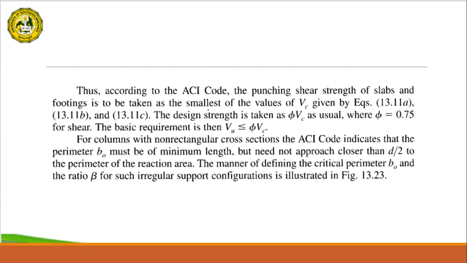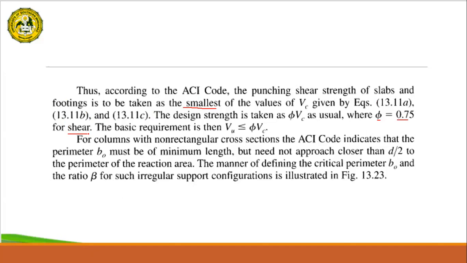So yung tatlong equations kanina, no, 13.11a, b and c, so yung pipiliin ninyo is the smallest value of Vc. The design strength is taken as Vc times the reduction factor, where our reduction factor is equal to 0.75 for shear.